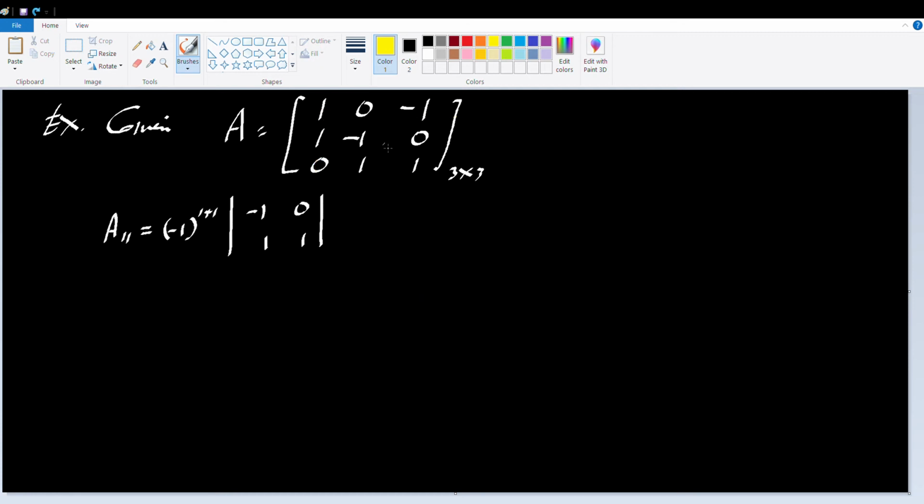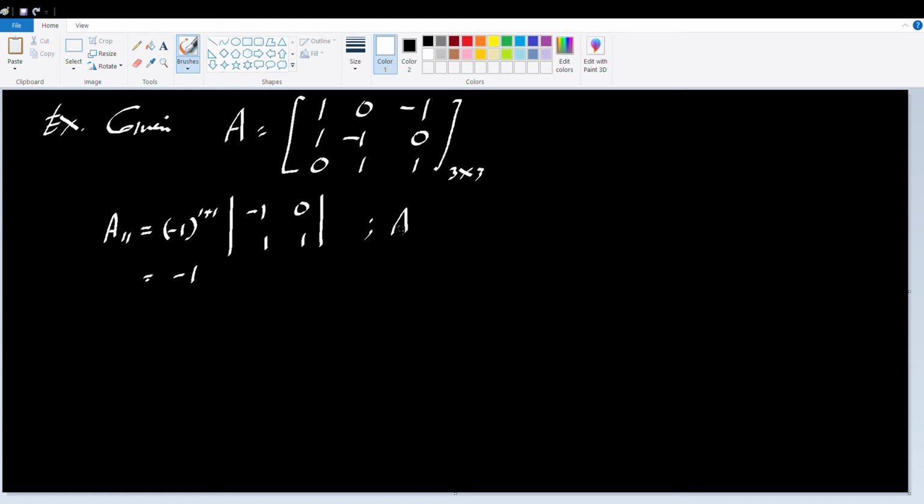And we'll do that for all the elements. So let us calculate this. Negative 1 raised to 2 will be positive, and then negative 1 minus 0 is negative 1.